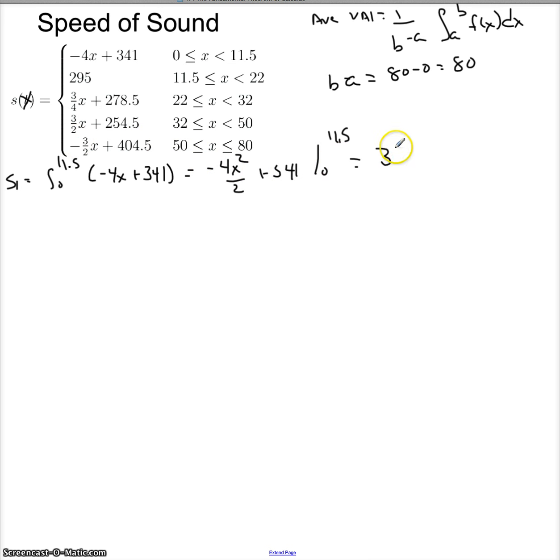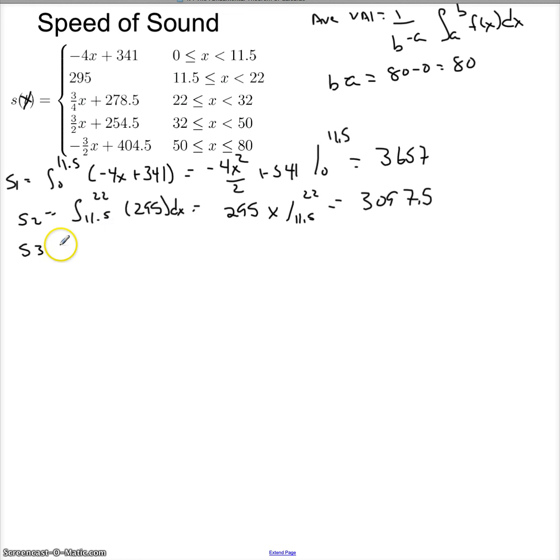This is 3,657. S2 is the integral from 11.5 to 22 of 295 dx. So it's just 295x evaluated from 11.5 to 22. This gives me 3,097.5.